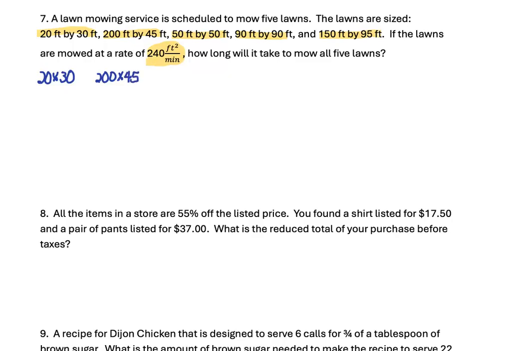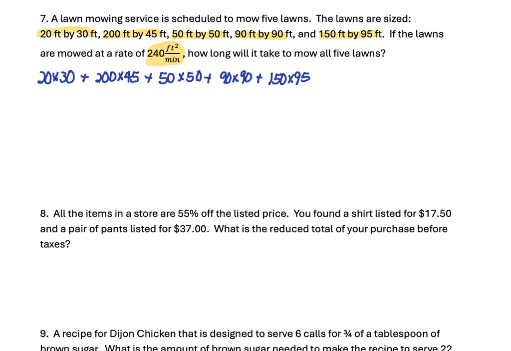These are all rectangles. 50 by 50. 90 by 90, and 150 by 95. And once we get all those multiplied, then we're going to go back and add those 5 products together.